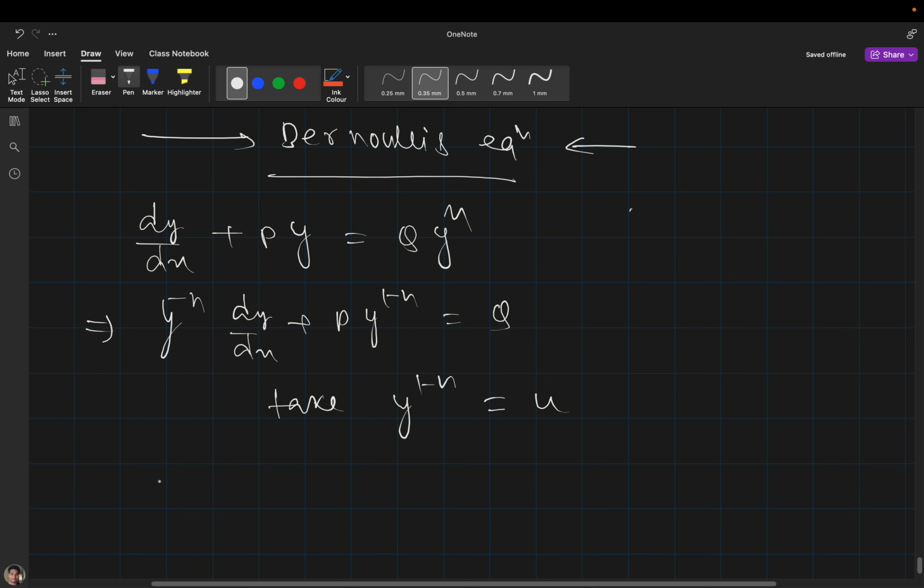Take the derivative with respect to x. So you will get 1 minus n, 1 minus n dy by dx equal to du by dx.